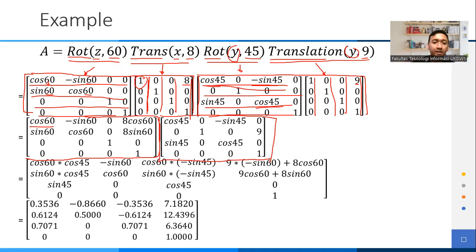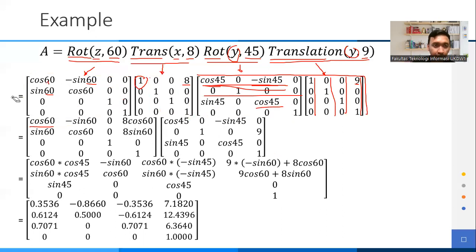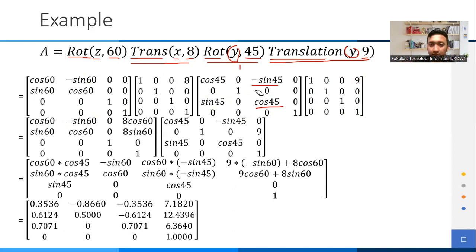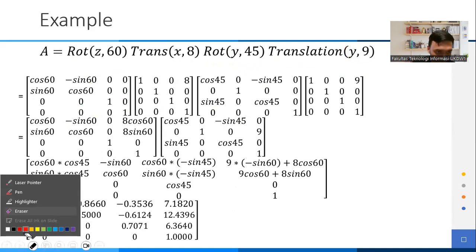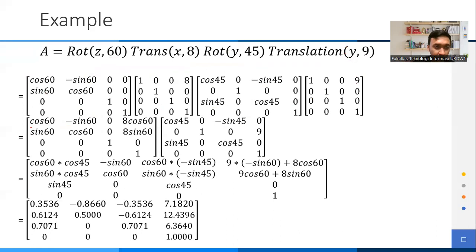After that, we can multiply again. I erase the drawing. Okay, we can multiply again with the first row multiplied by the first column.